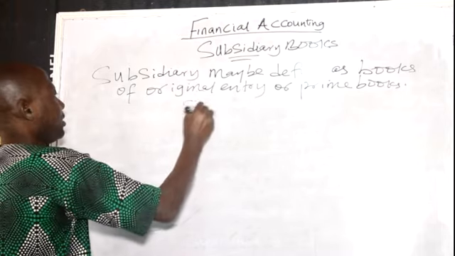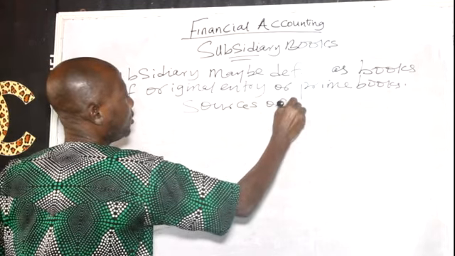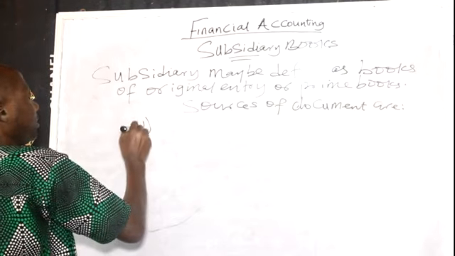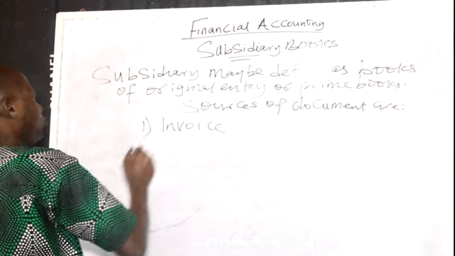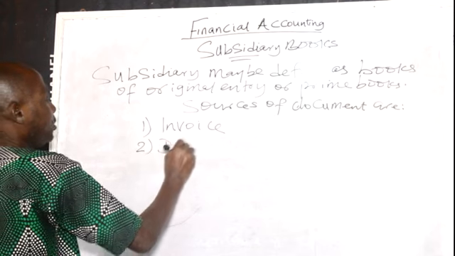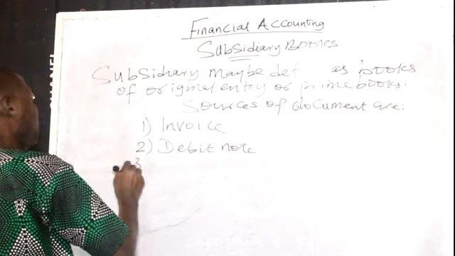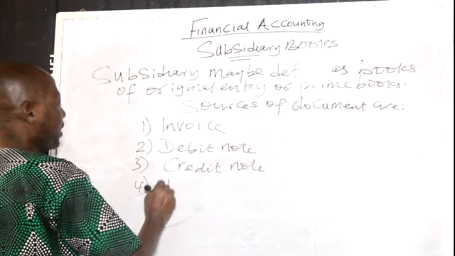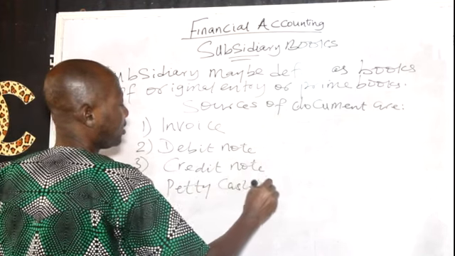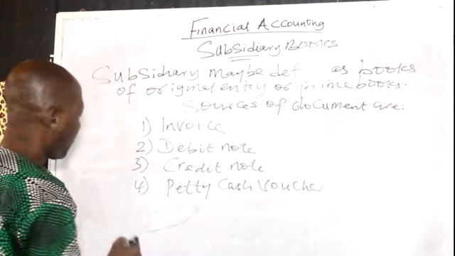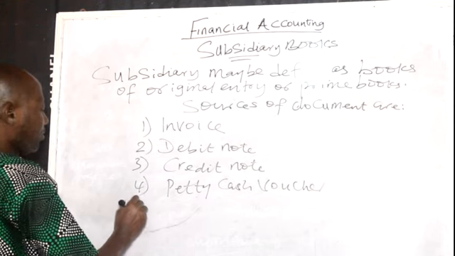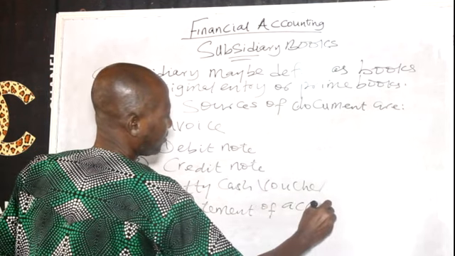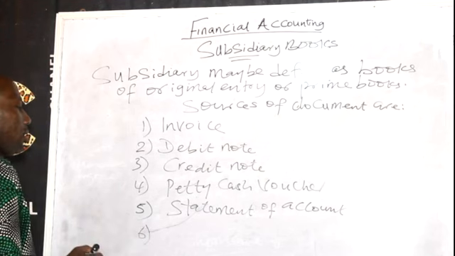Let us go to the source documents. Number 1, we have invoice. 2, we have debit notes. 3, we have credit notes. 4, we have petty cash voucher. 5, we have statement of account. 6, we have receipts.